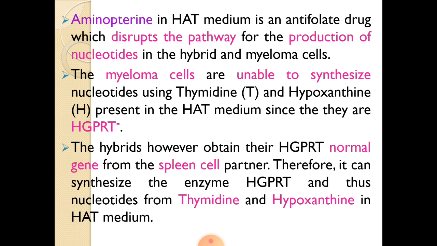The hybrids, however, obtain their HGPRT normal gene from the spleen cell partner. Therefore, they can synthesize the enzyme HGPRT and thus nucleotides from thymidine and hypoxanthine in HAT medium.